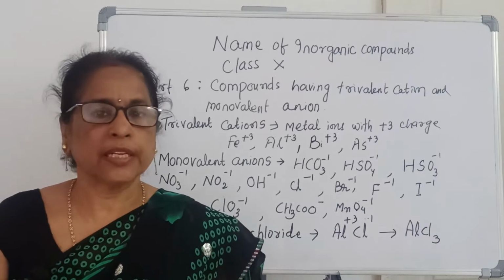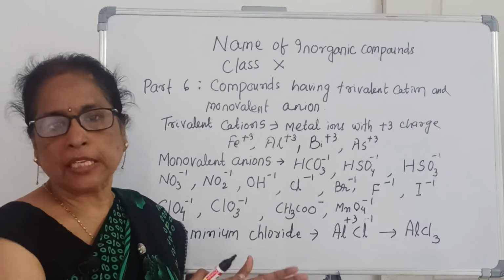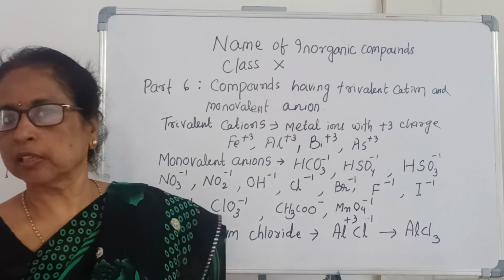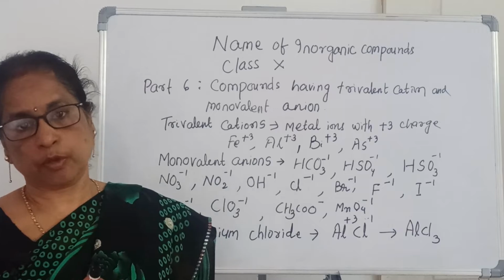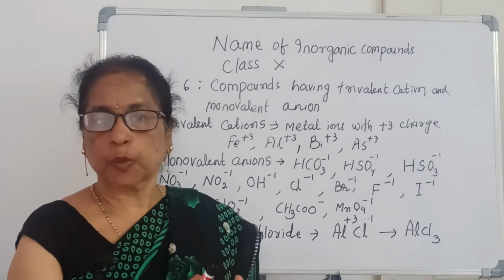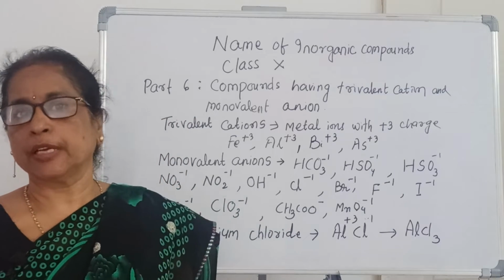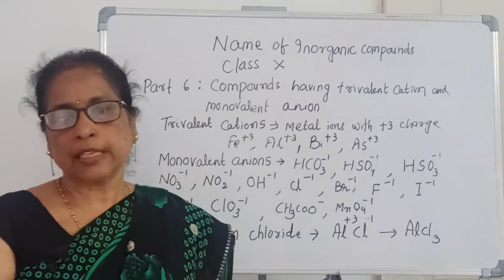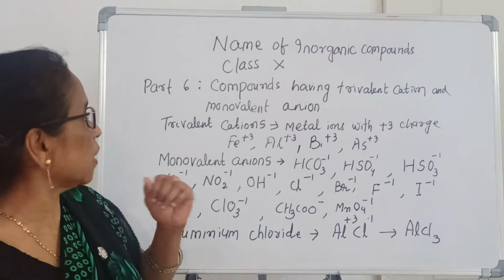Basic radical means it is from the base part, the metal part. Metal plus 1, basic radical has plus 1 charge. If metal charge is plus 2, basic radical has plus 2 charge. If it has plus 3 charge, then the basic radical has plus 3 charge.